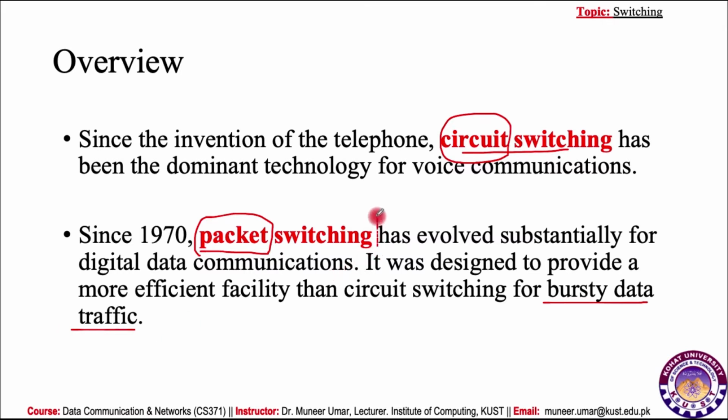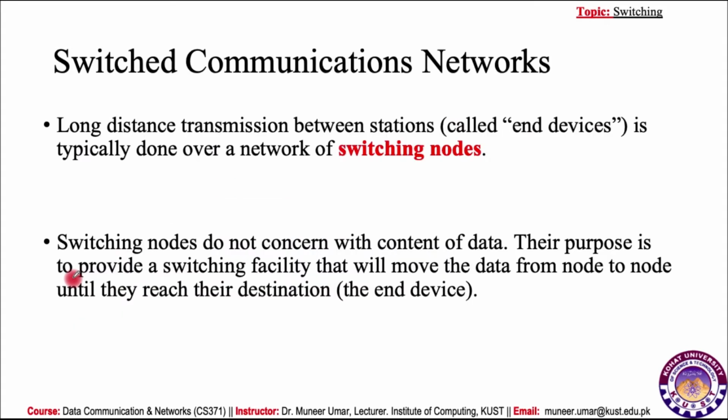The main objective of packet switching was to handle the digital data communication among different devices, where the data is transferred in the form of packets from one device to another device. Long distance transmission between stations, called end devices, is typically done over a network of switching nodes.